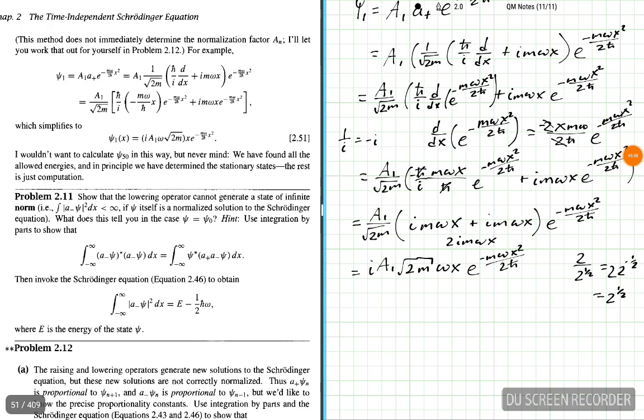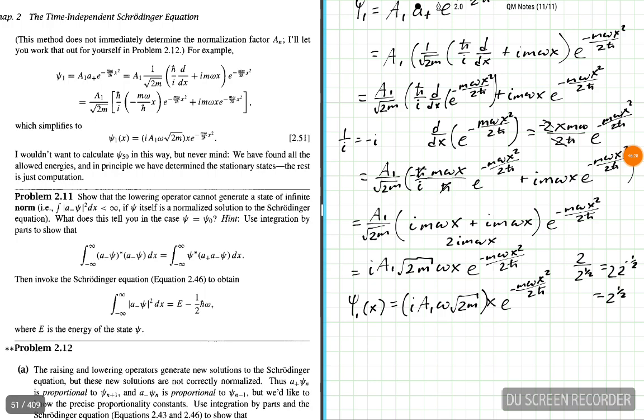I suppose I could clean it up a bit to look like his, where I'm just changing the order because now I don't have operators anymore, so I'm okay with that. So I could do i, A1, I don't know why I put omega first, but sure, 2m, and then we have x times this whole guy. Just a convenient way to lump all those constants together.